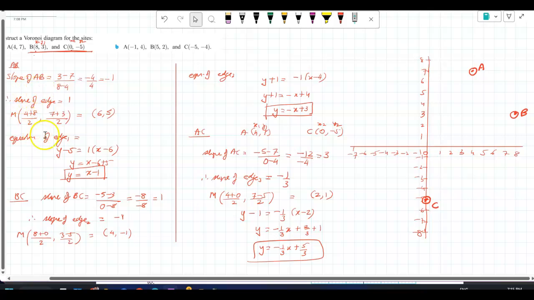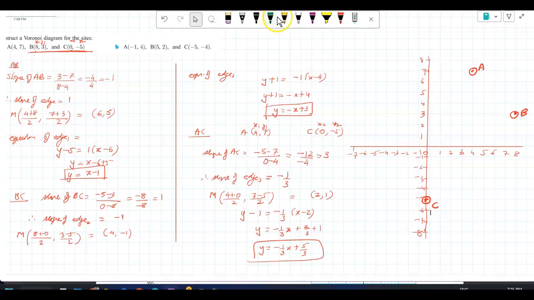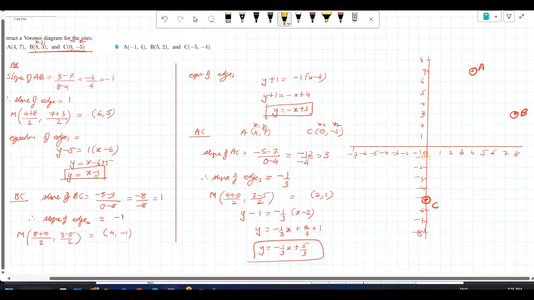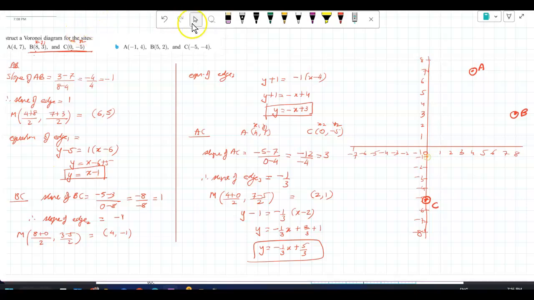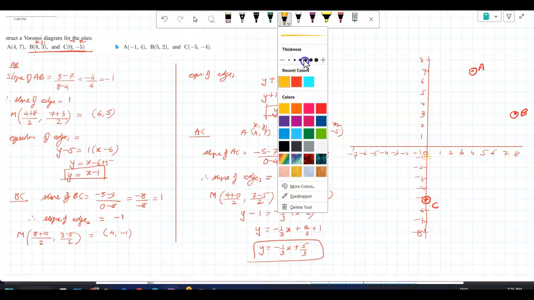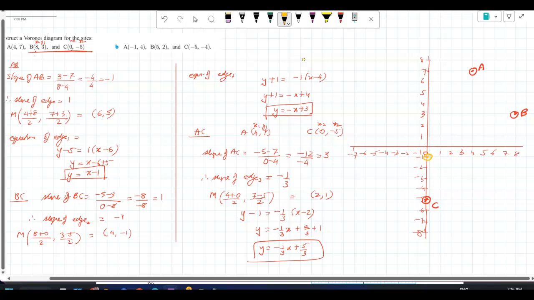Now AB: y equals x minus 1. That means the y-intercept is minus 1, when x is 0. I'm drawing it lightly with this yellow color, then I'll darken it. What is the slope? 1.